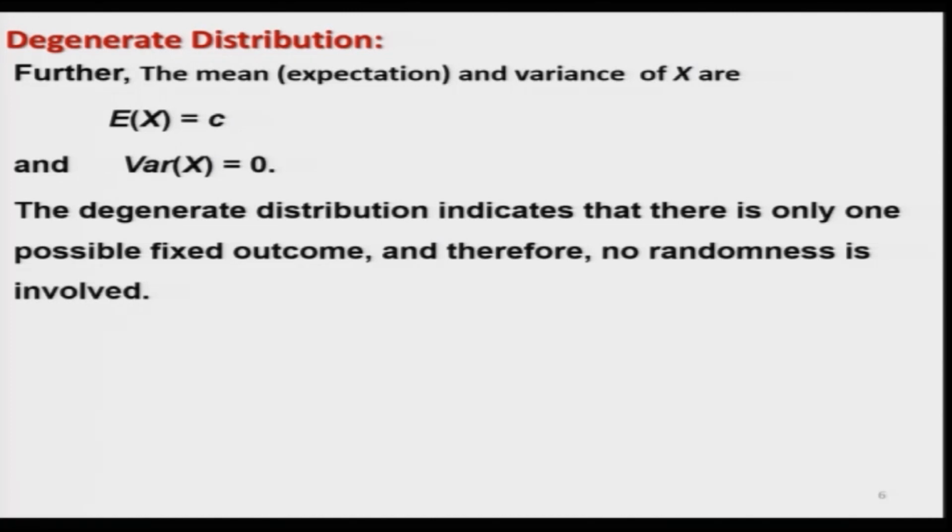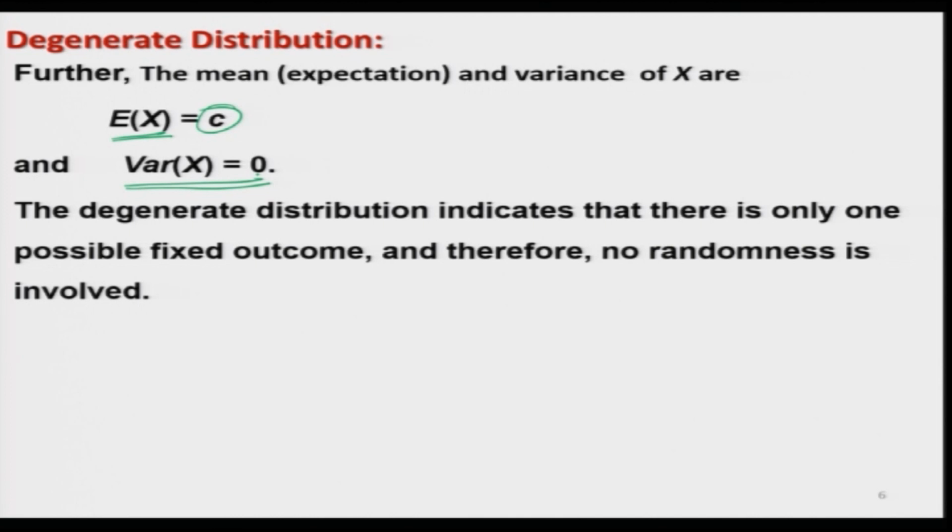And since we are considering here a random variable, this random variable will have certain properties, and those properties can be described in terms of mean, variance, skewness, kurtosis, etc., or different types of moments, I would say in general. So, in this case, if you try to find the mean and variance of x, that is the expected value of x, this will come out to be c, that is very straightforward to find out, and the variance of x will come out to be 0.